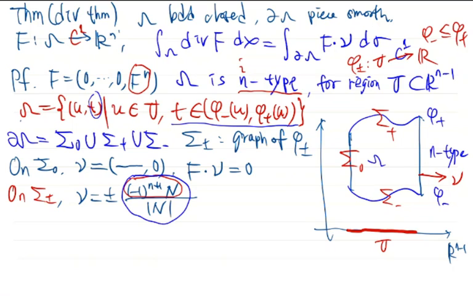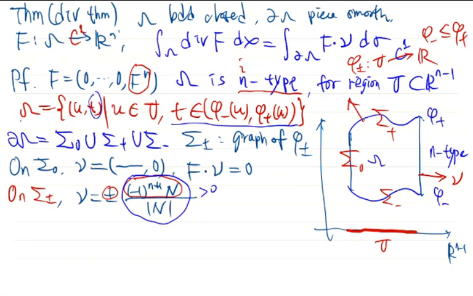And since the last component of this is positive, we see that on sigma positive, the normal vector nu points upward. Pointing upward means that the last component is positive, so we choose the positive sign.